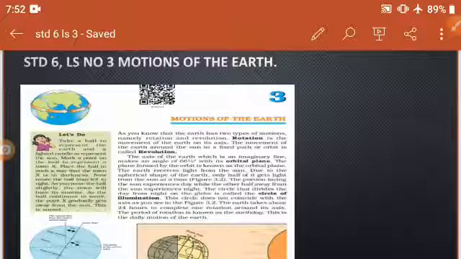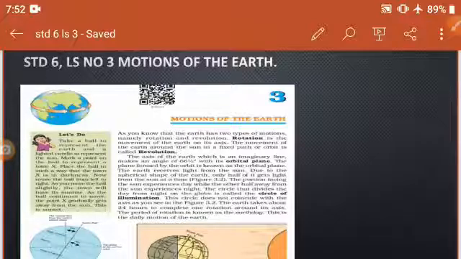In figure 3.2, the portion facing the sun experiences day, while the other half away from the sun experiences night. The circle that divides the day from the night on the globe is called the circle of illumination. This circle does not coincide with the axis as you see in figure 3.2.